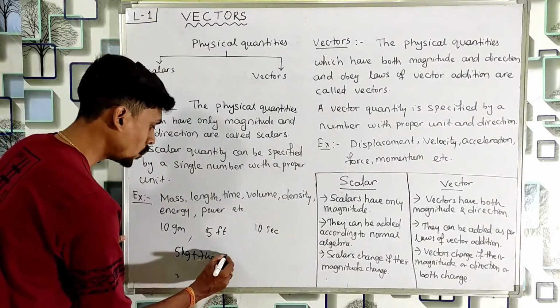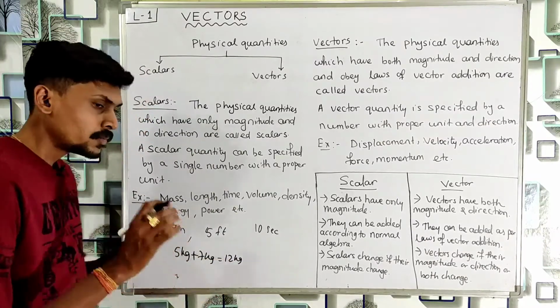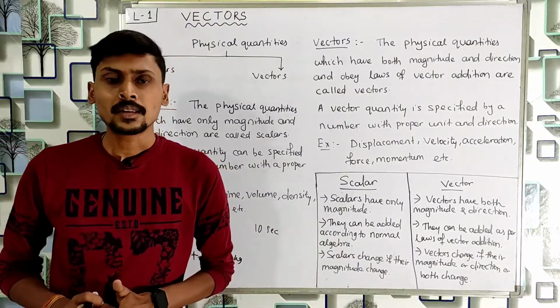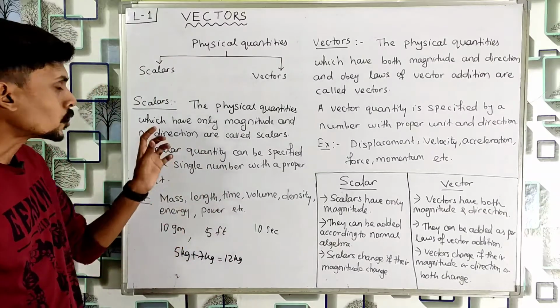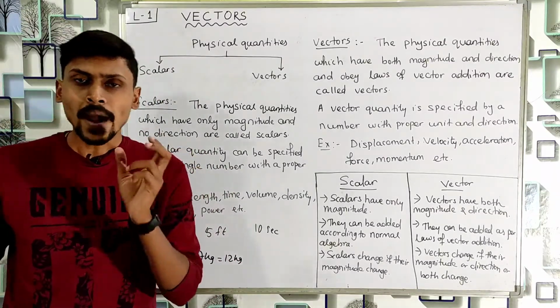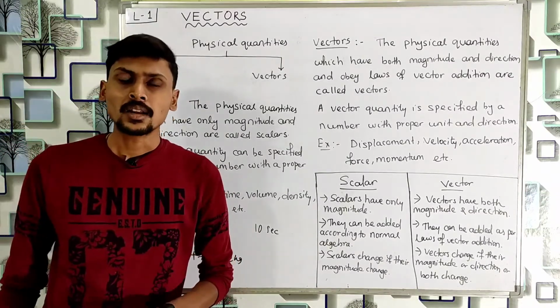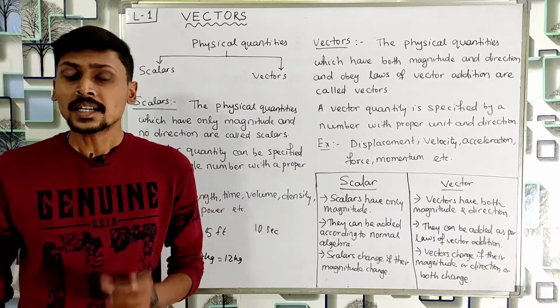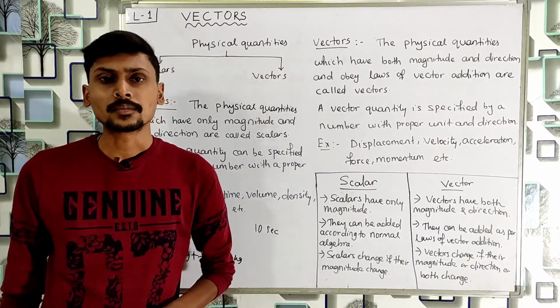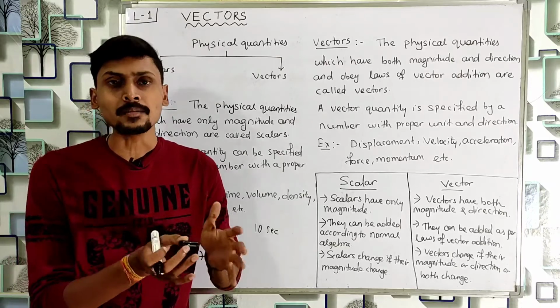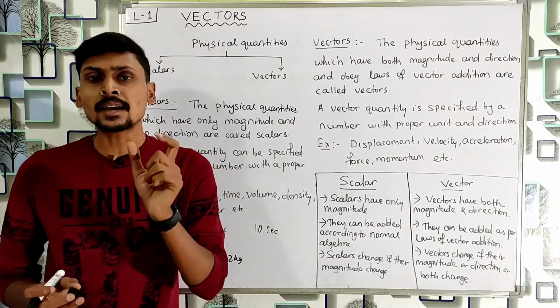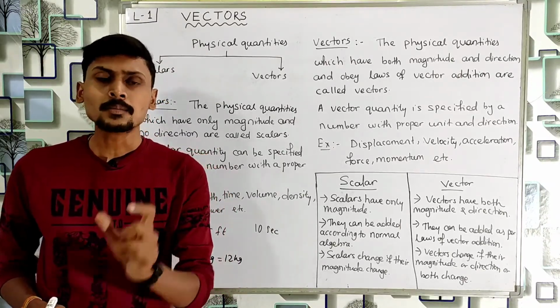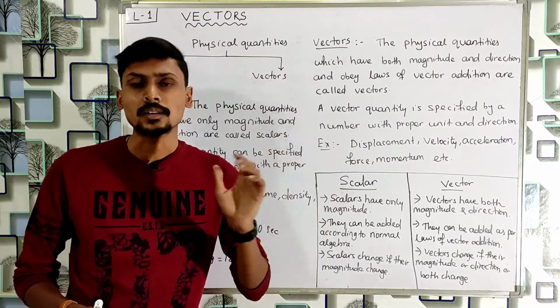It will be equal to 12 kg. Like that we are adding two scalar quantities. 5 second plus 10 second is equal to 15 second. Time is also a scalar quantity. So when we are adding two times, we are adding them like normal numbers. 5 second plus 10 second is equal to 15 second.